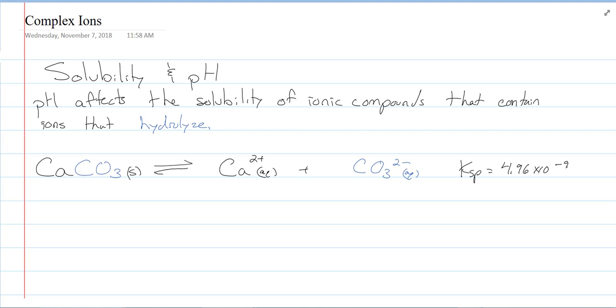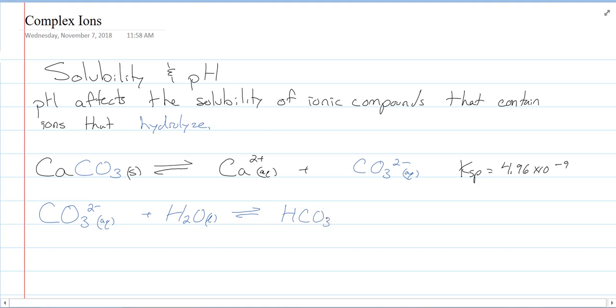Well, the hydrolysis reaction would be CO3 2- plus water going to HCO3 minus, right?